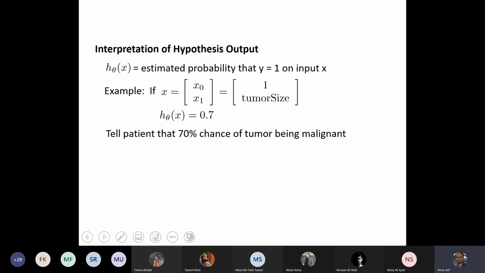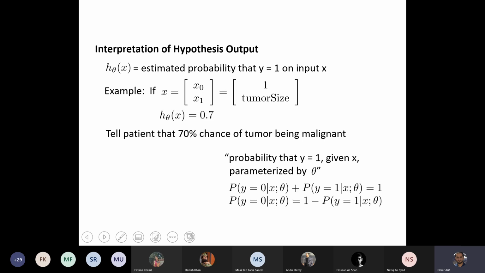Okay? And yeah, so this is how we write basically the output. This h of x, we are going to assume that this represents the probability that y is 1, conditioned on the parameters that you have.